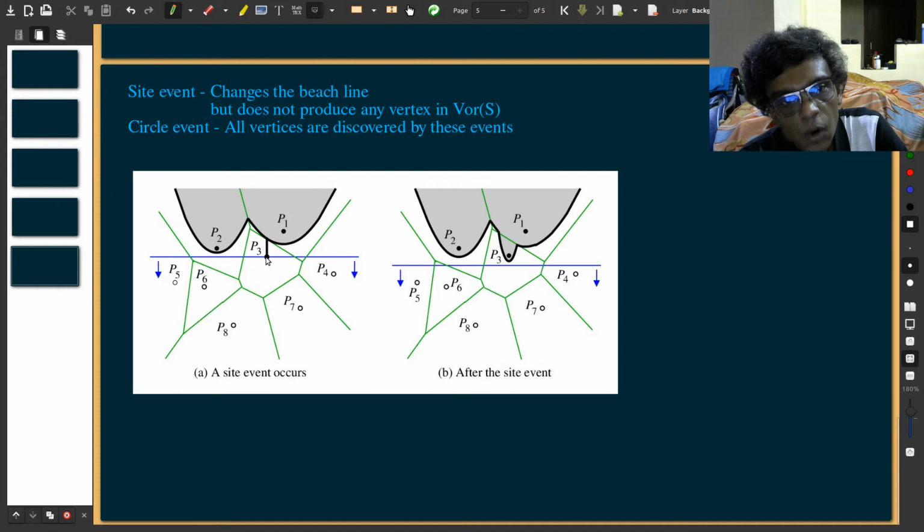At this point, the focus is P3 and the directrix is also passing through P3. Therefore, currently this is a degenerate parabola.